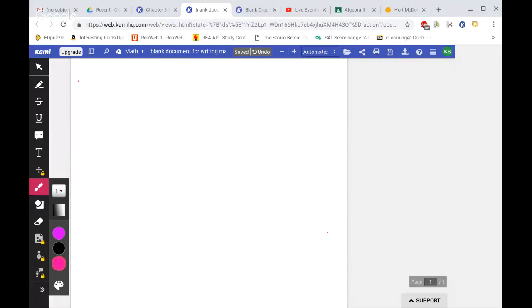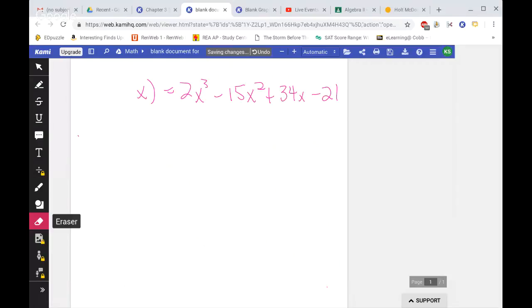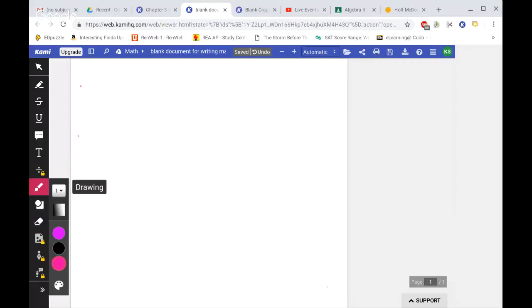Okay, number 29. Oops. Look, 27 reared its ugly head. We have x cubed minus negative 2x squared minus 21x minus 18.